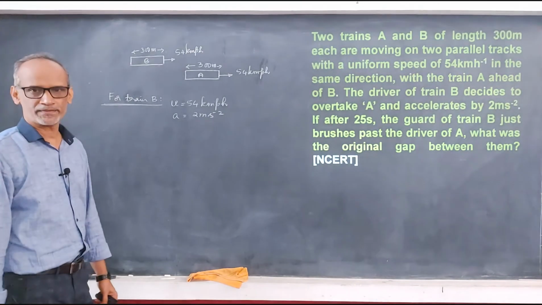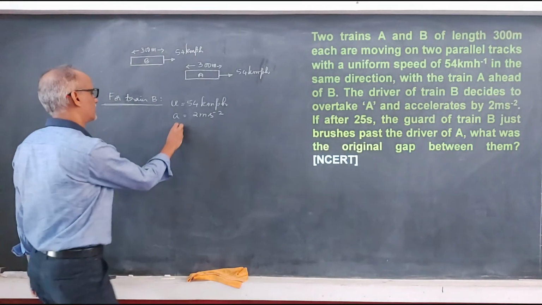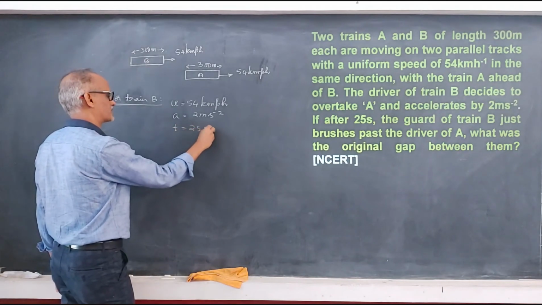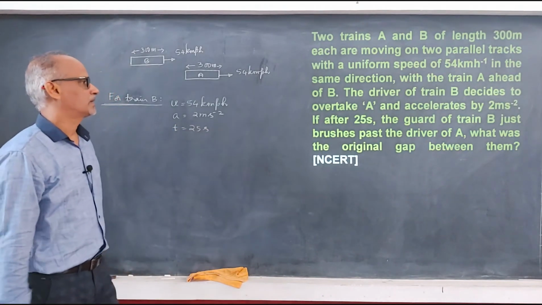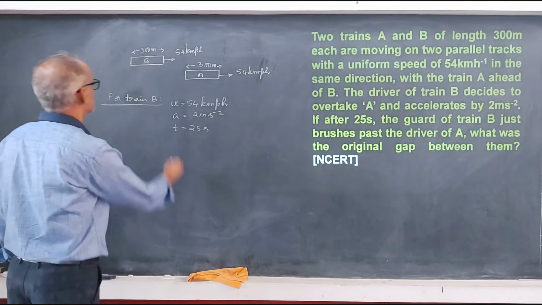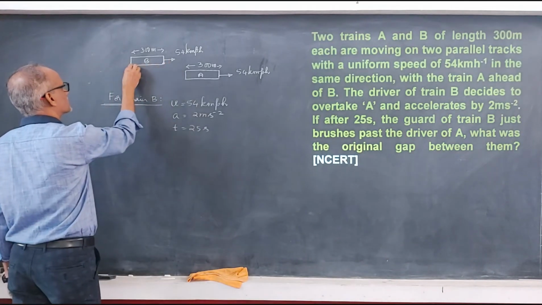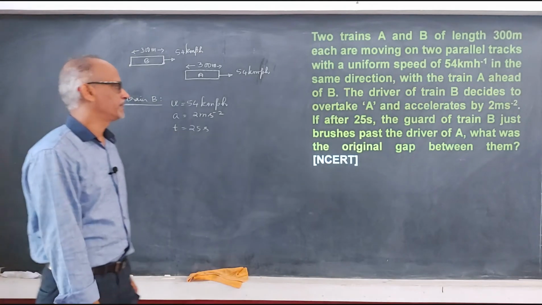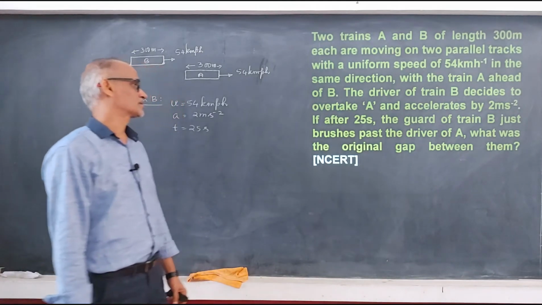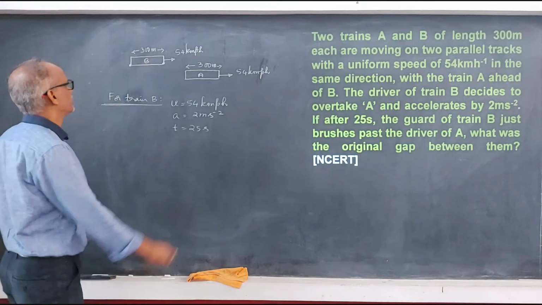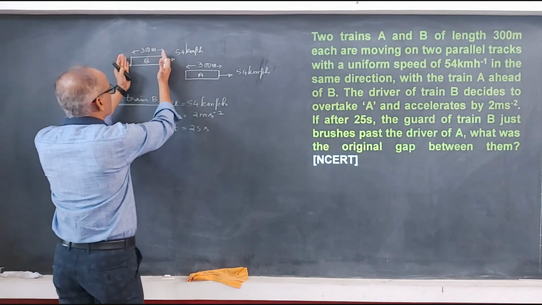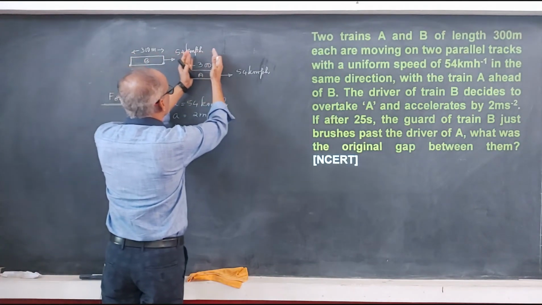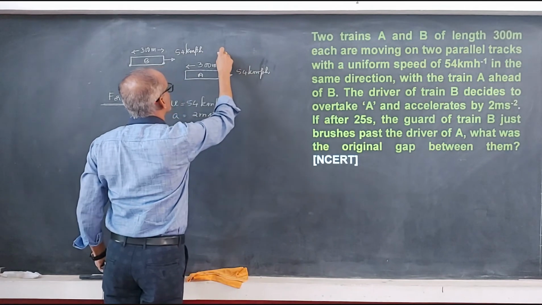It's given that after a time of 25 seconds, the guard of train B, so the driver of train B is here, the guard is here, just brushes past the driver of train A. That means this train accelerates, overtakes, and then it comes till here.